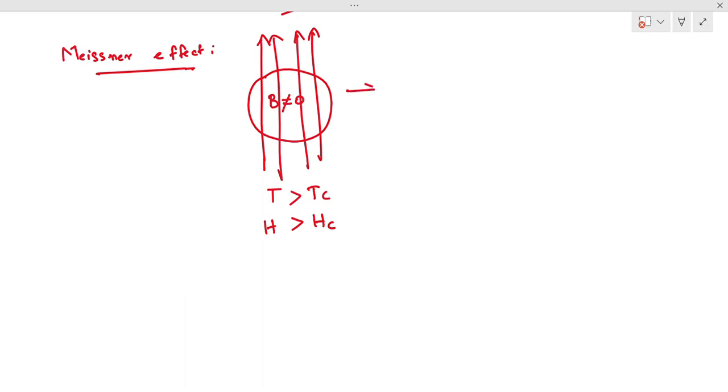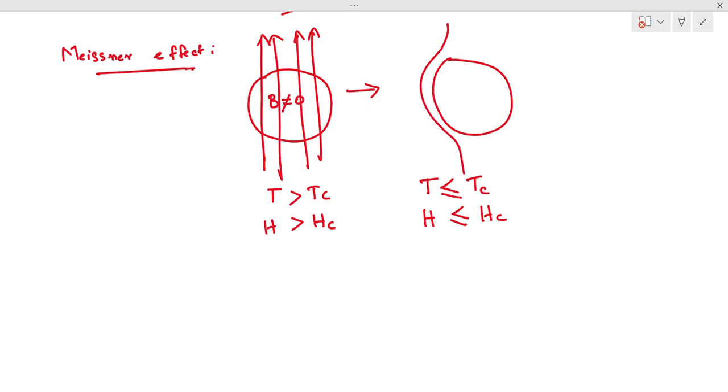When the same material's temperature is reduced to less than or equal to the critical temperature, and the magnetic field of the material is made equal to or less than the critical magnetic field of this particular material, then the magnetic flux lines will be ejected out of the material.